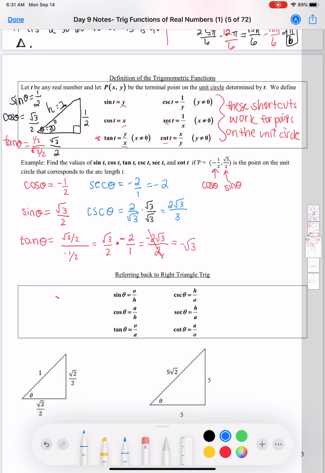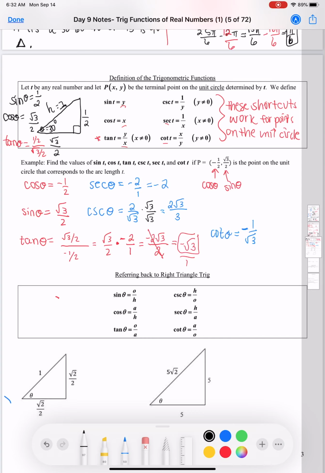Okay, and then for cotangent, I just want to flip that around. So that -√3 is technically over 1. So when I flip that around for cotangent, I'm going to get still negative, but 1/√3.